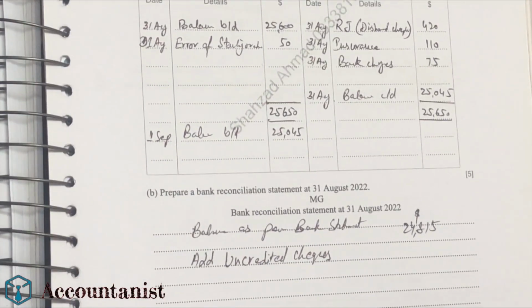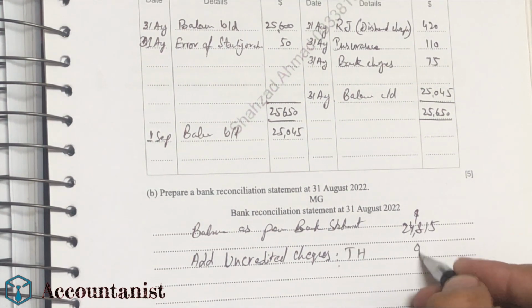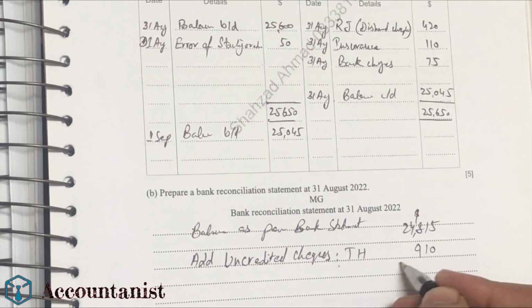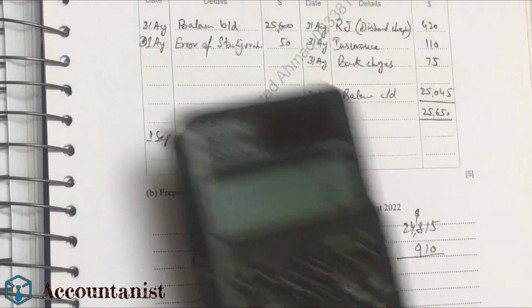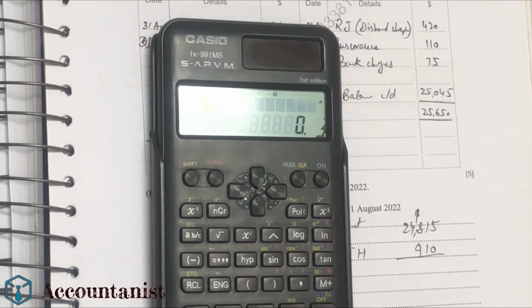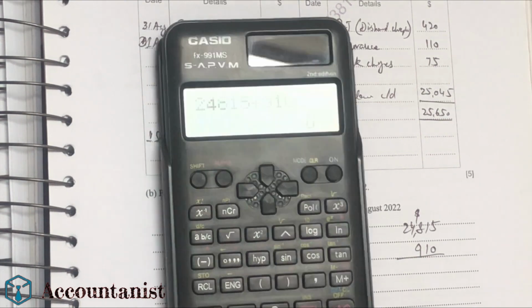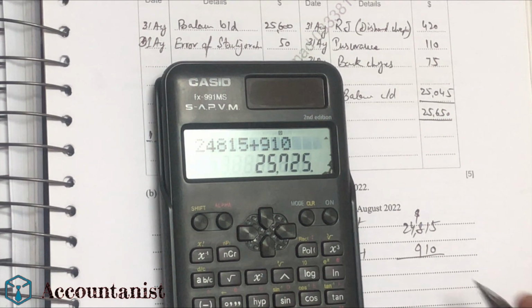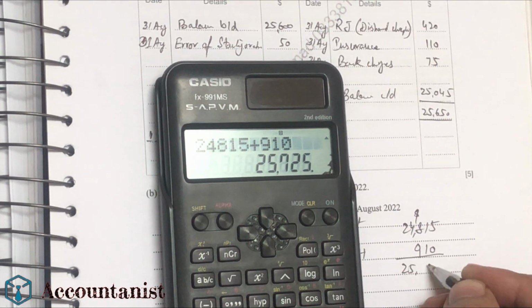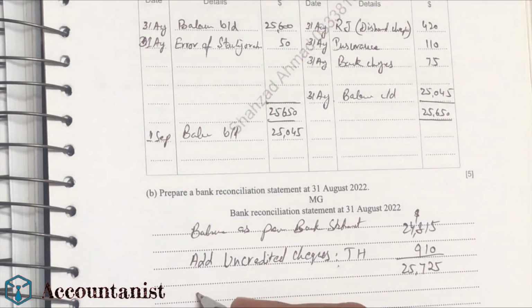So I'll write down TH, 910, and add these two numbers: 24,815 plus 910 gives me a total of 25,725.